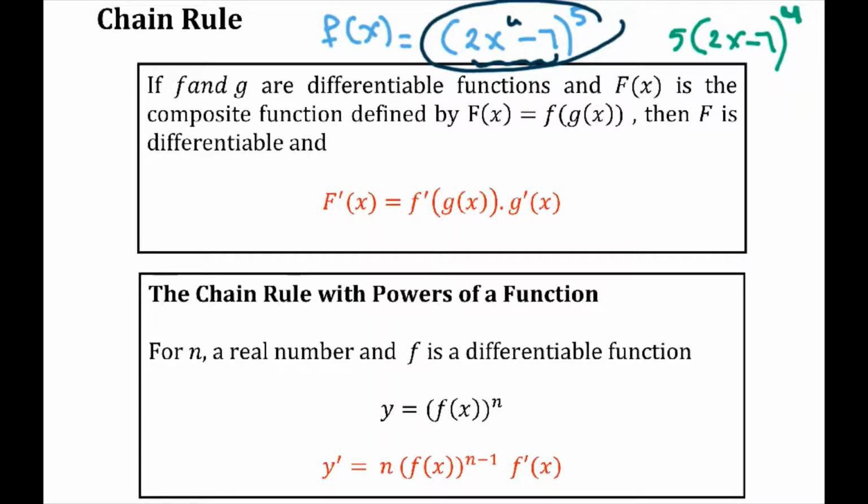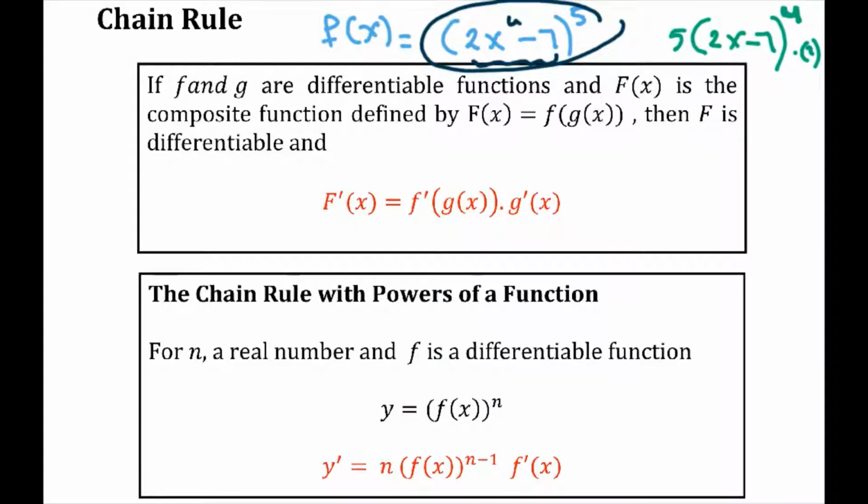And the next step, you multiply this by the derivative of the inside function. So one more time, the outer function derivative multiplied by the inside function derivative, which in this case, the derivative of 2x minus 7 is 2, multiply by 2. So this is what we are going to do to find the chain rule.